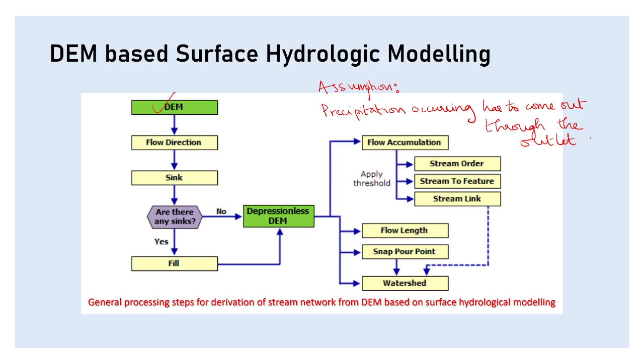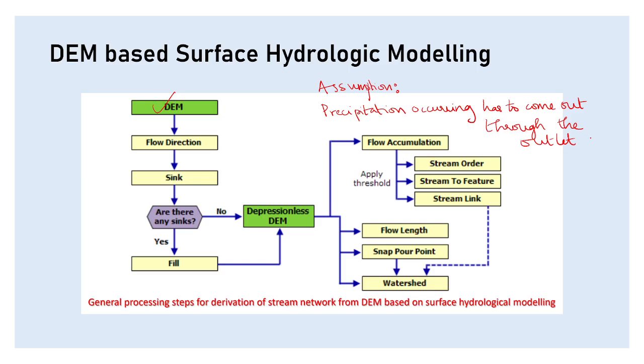It's not possible all the time that all the precipitation that comes on the surface is going to go through the outlet. But we have to make that assumption in order to simplify a little bit rather than complicate the entire thing. So we are basically assuming that there is no loss of precipitation. That is, we are not losing any of the rainwater, neither to the atmosphere through evaporation or evapotranspiration from the plants, nor through groundwater.